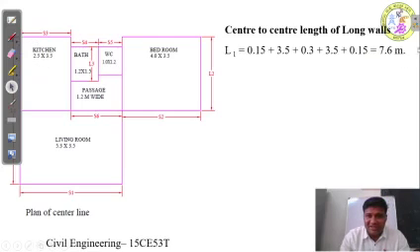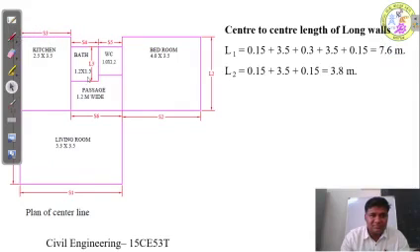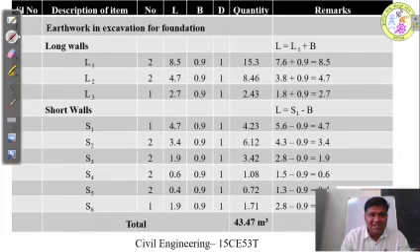What is the center line length of L1? That is 7.6 meters, the center to center distance of L1 from here to here. Correct? So this center line length is 7.6 meters. Since it is a long wall, that is the out to out method, I am going to add the breadth.